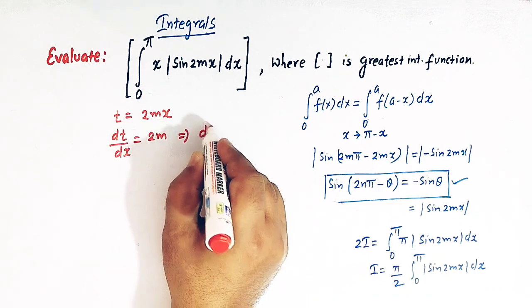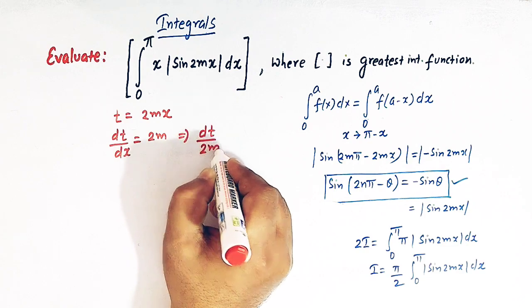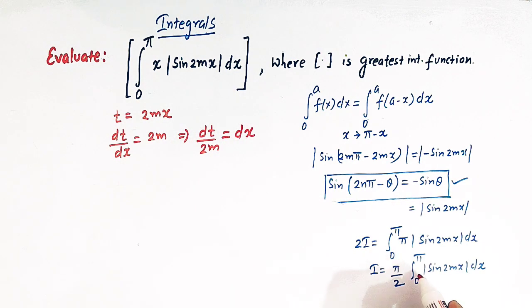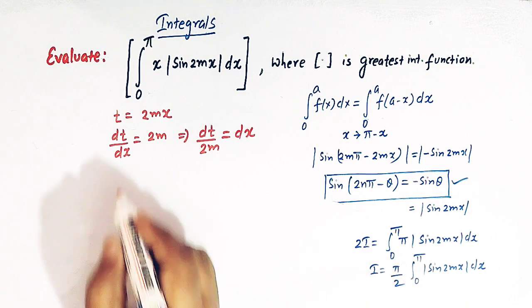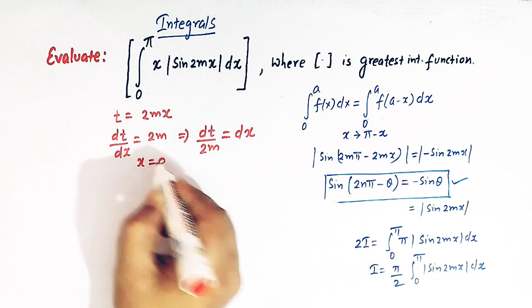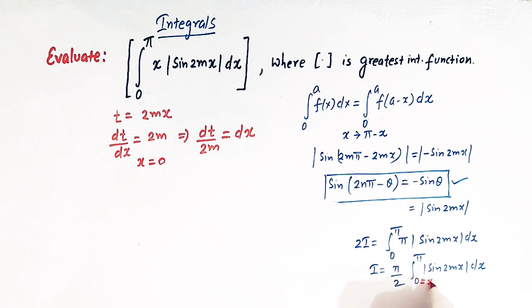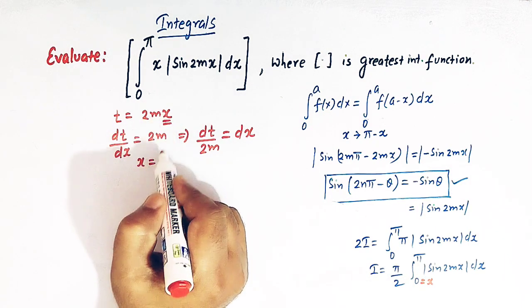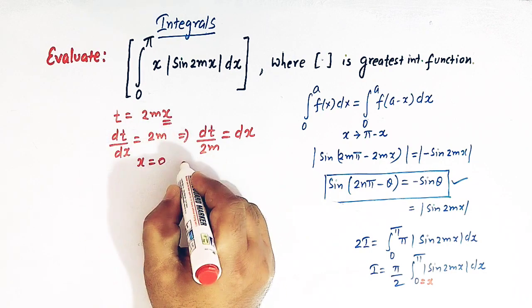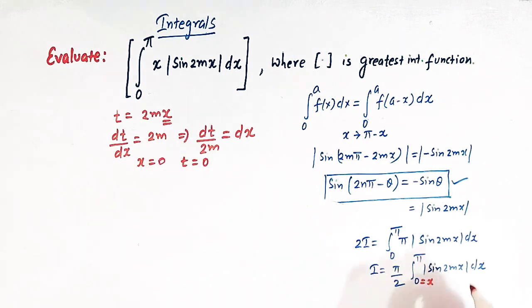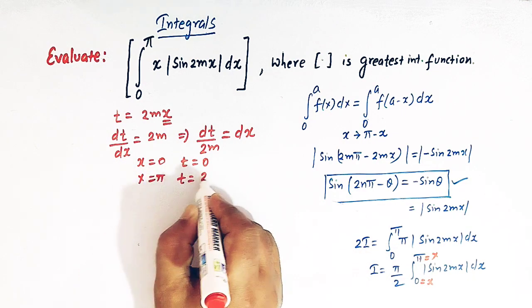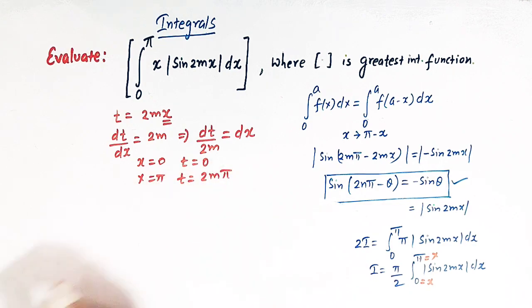So dt over 2m is equal to dx. We can also change the limits of integration. When x is 0, t is 0, and when x is pi, t is equal to 2m pi.